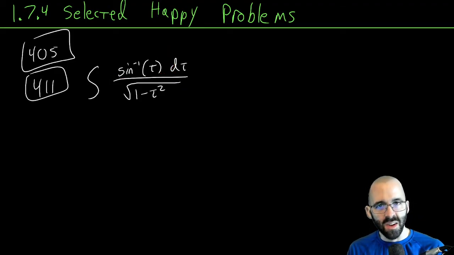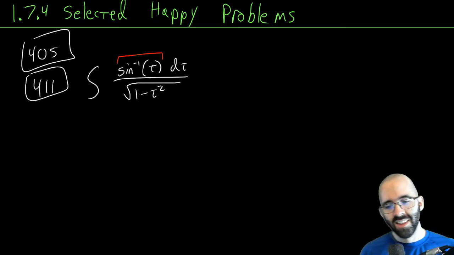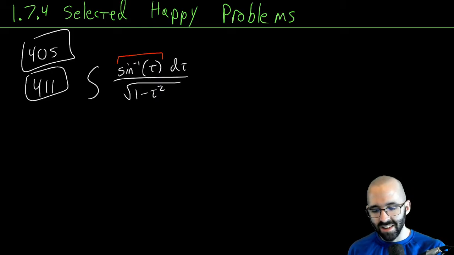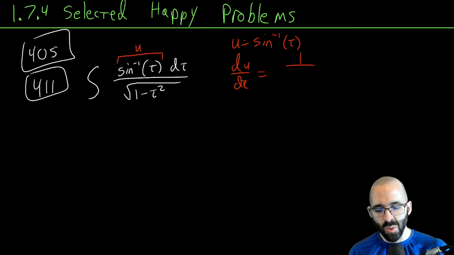It's going to be a u substitution here. Because notice, if this is our u, well, we already have its derivative. This is one of the things that experience really helps with. If that's our du, then the derivative of u with respect to t is 1 over the square root of 1 minus t squared.